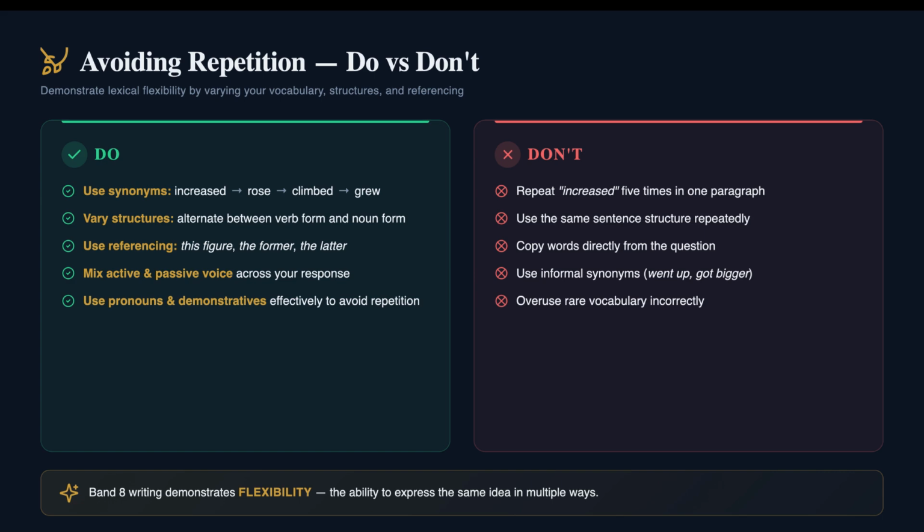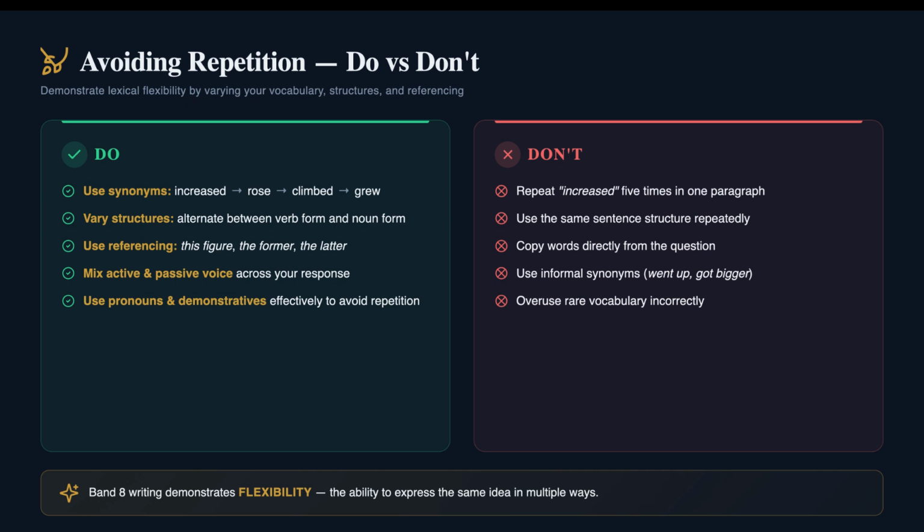You have to learn to play with that. You have to mix, you have to understand the situation when to use active voice and when to use passive voice across your response in writing task one. Use pronouns and demonstrative pronouns or adjectives in this case to effectively avoid repetition.